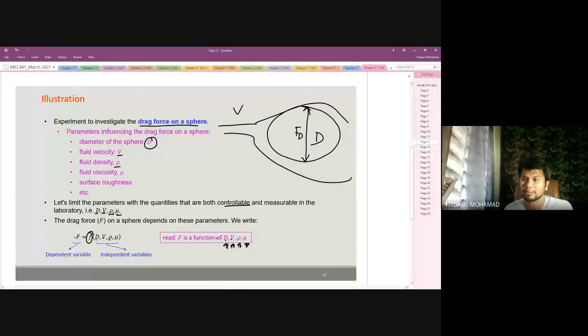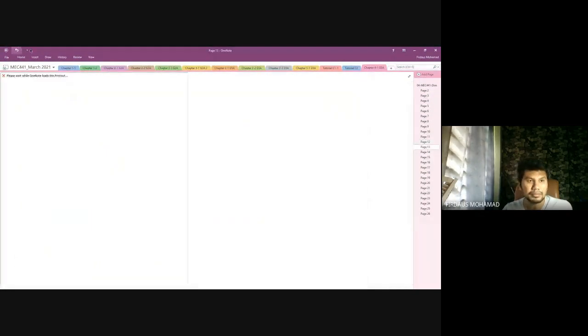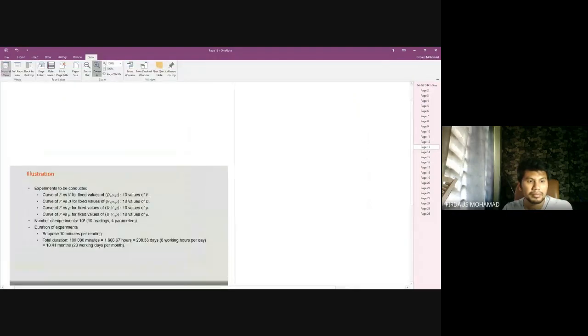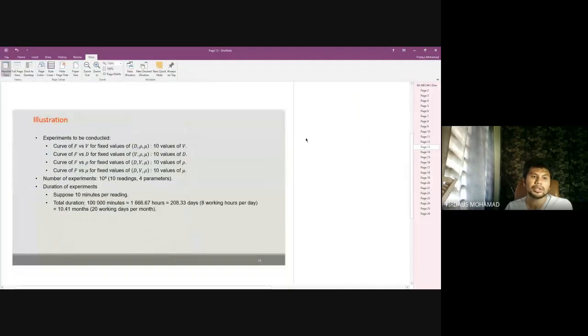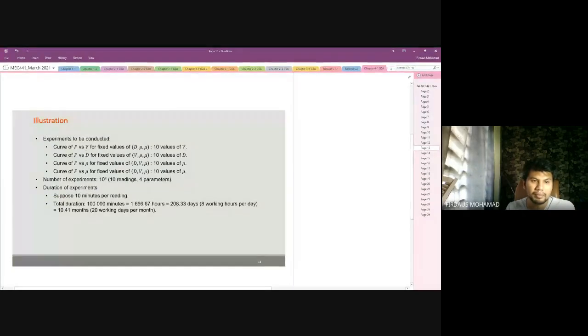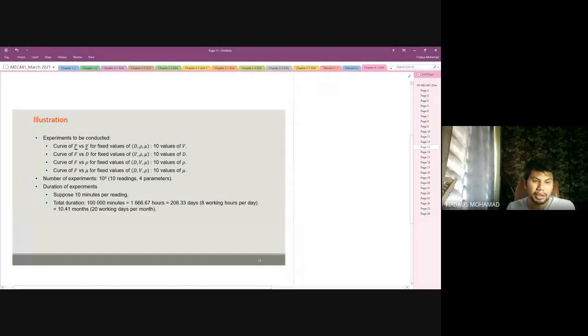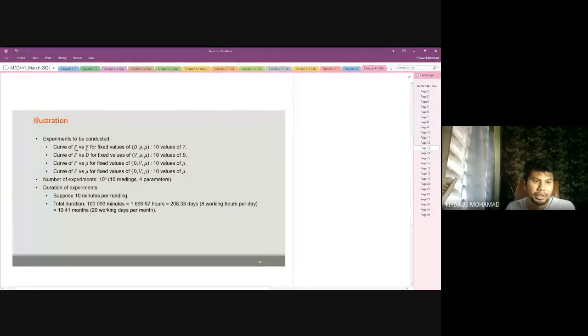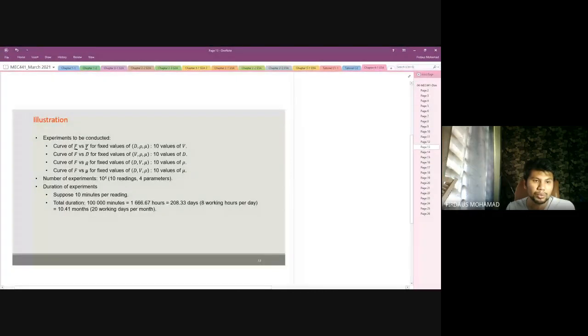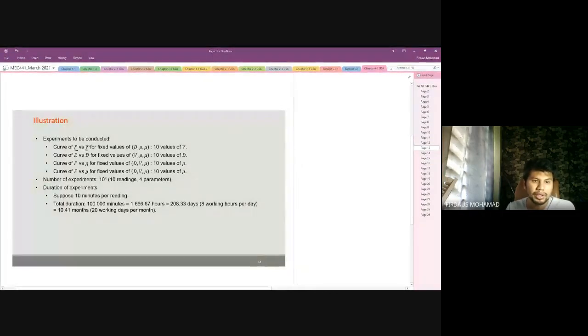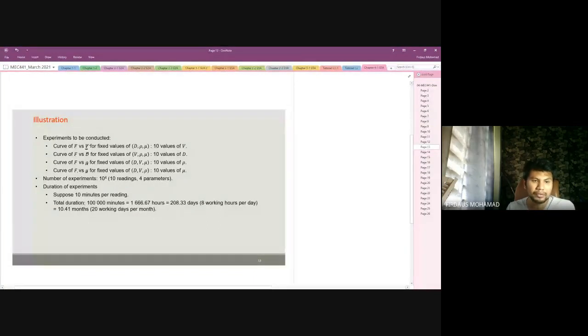Okay, 4 variable ni. Okay, so kita kena curve of F versus velocity, sebab kita guna 4 independent variable ni kan, velocity, diameter, rho dengan mu. So dependent variable F versus V, F versus D, F versus rho, F versus mu.